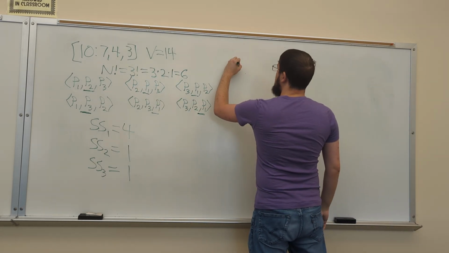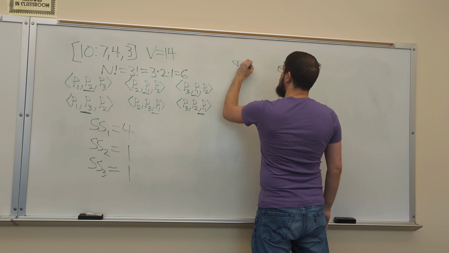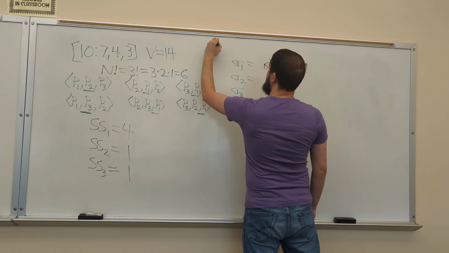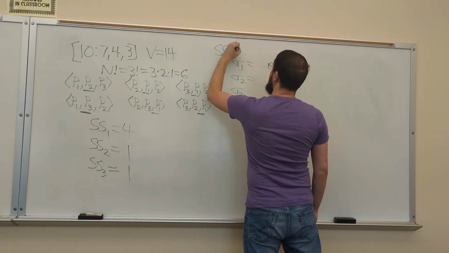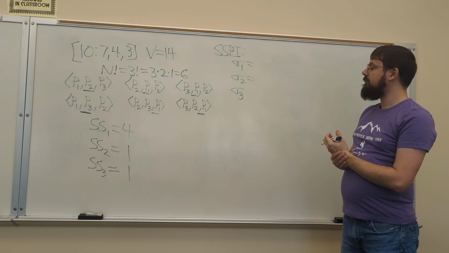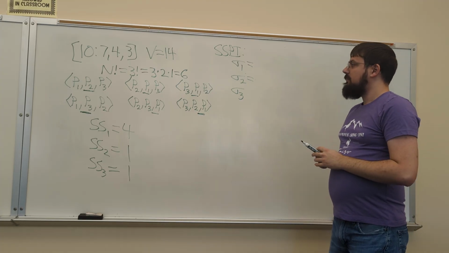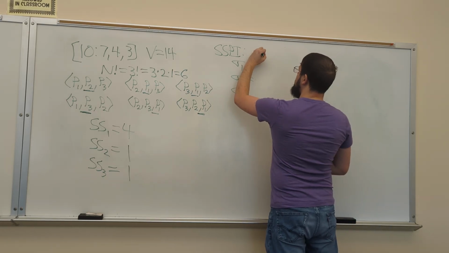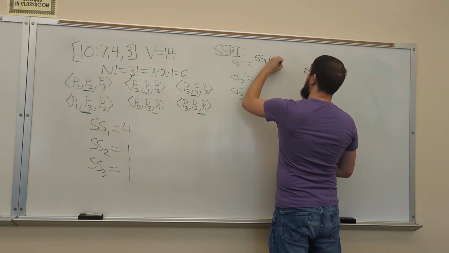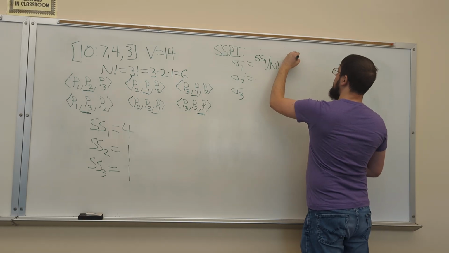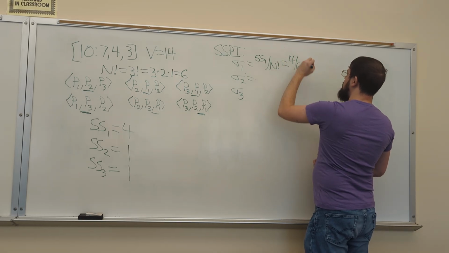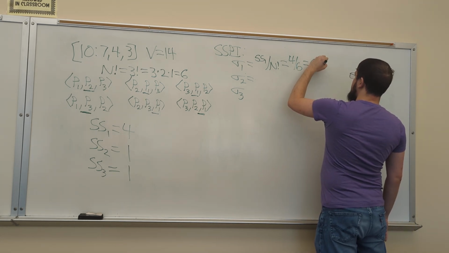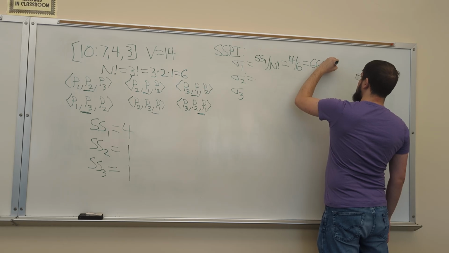We use the Greek letter sigma to indicate Shapley-Shubik power, or we can abbreviate this SSPI, Shapley-Shubik power index. So for P1, the Shapley-Shubik power is SS1 divided by n factorial. This would be 4/6, or 2/3, so we would say this is 66.7%.